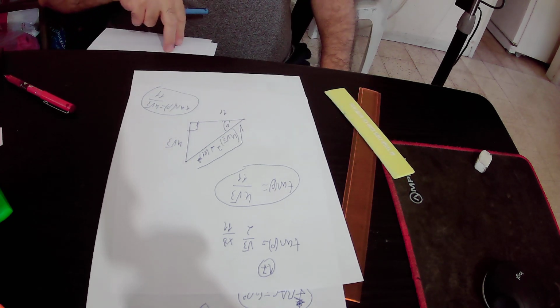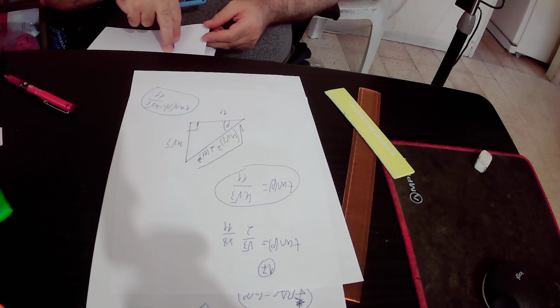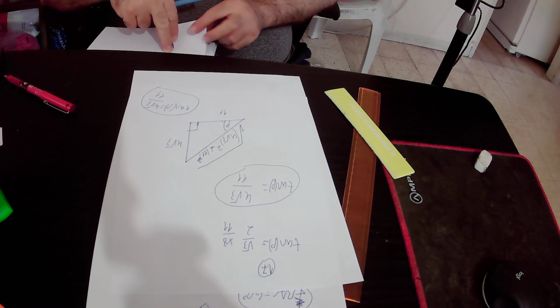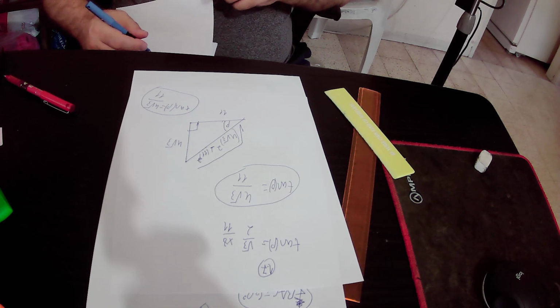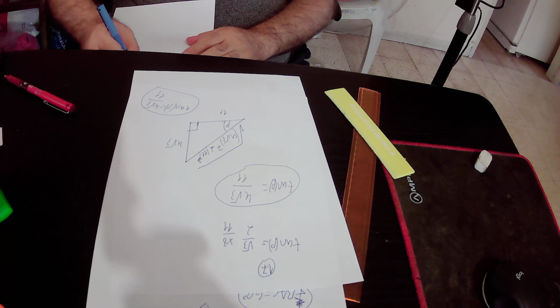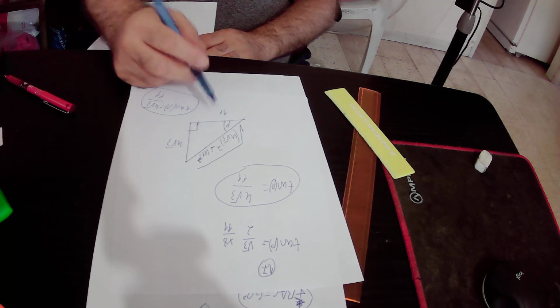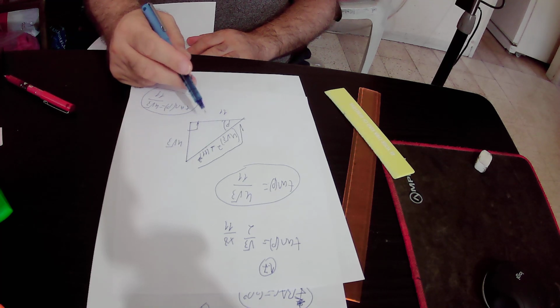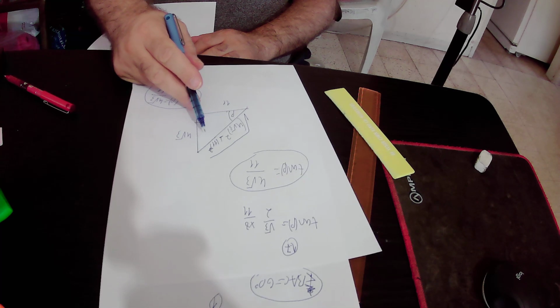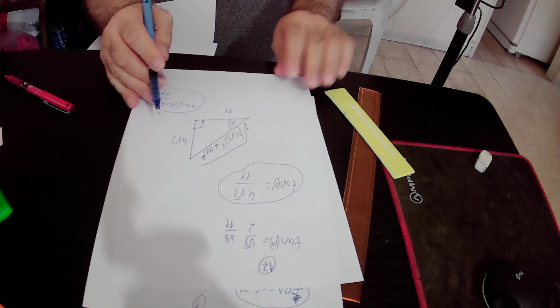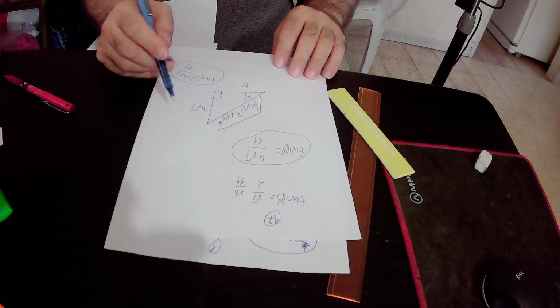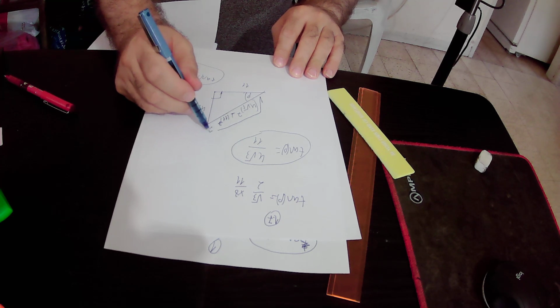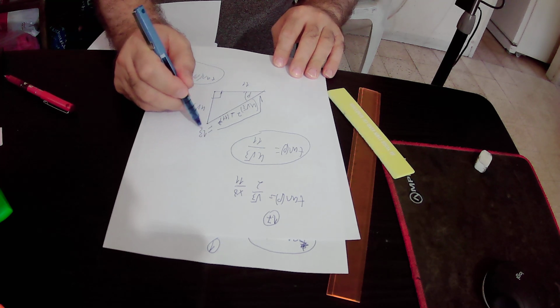Okay? And here, 4 times root 3 squared is 48, 11 squared is 121, 48 plus 121 is 169, and the root of 169 is 13.